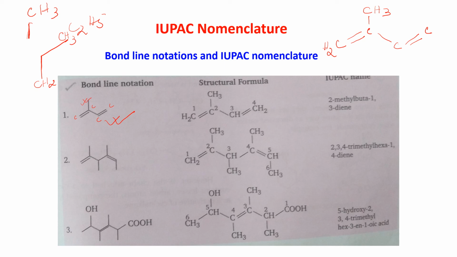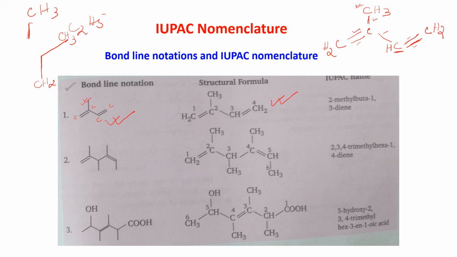Now for this carbon atom, see whether it is satisfied or not: 1, 2, 3, 4. So this carbon atom is satisfied. Look at this carbon atom. It has 3 hydrogens and 1 bond, so this is also satisfied. Come to this carbon atom: 1, 2, 3, so naturally it is having 1 hydrogen. And for this carbon atom, 1 valency, 2 valency, so it will have CH2.